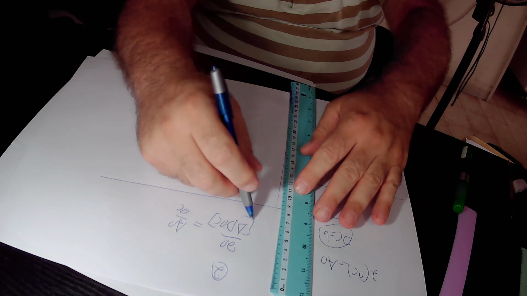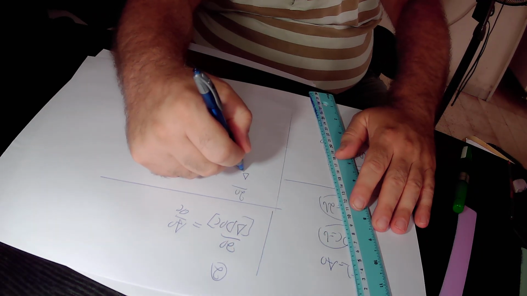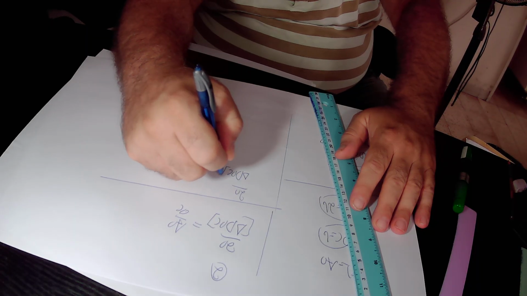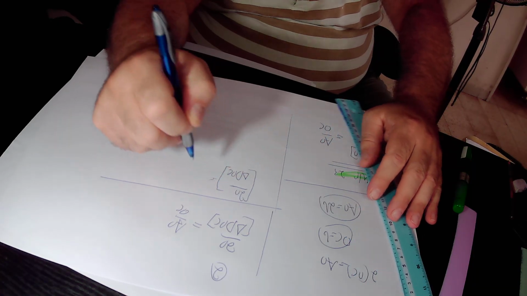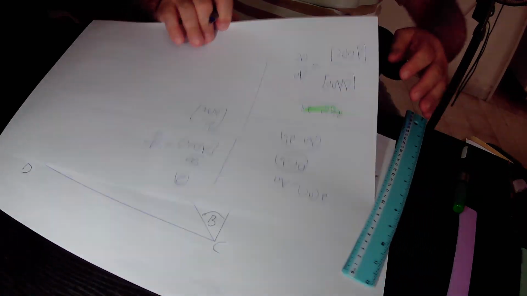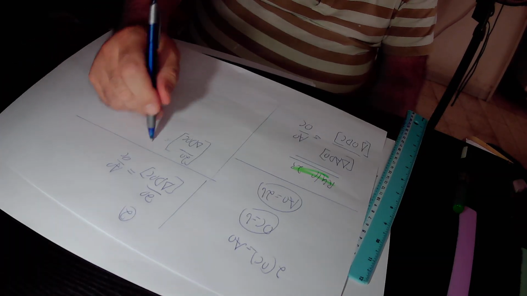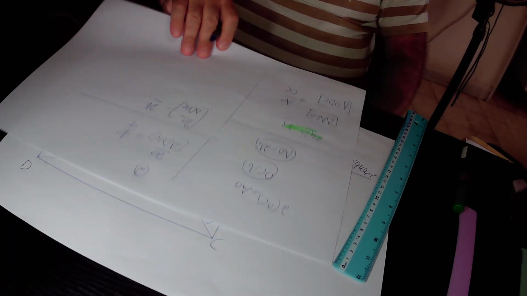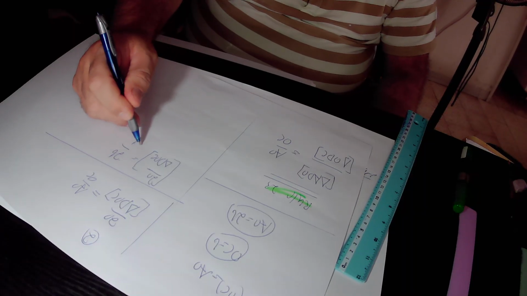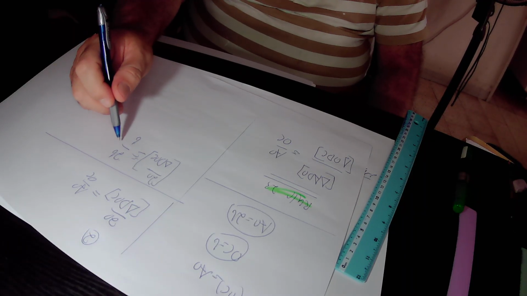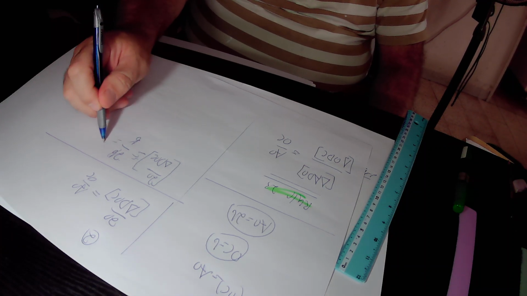So 20 over the area of triangle DOC is equal to AO over OC. AO is 2B, and OC is B. We have B in the numerator and B in the denominator, so B is cancelled, and we are left with 2.